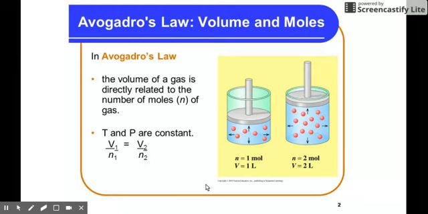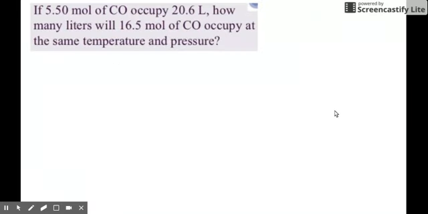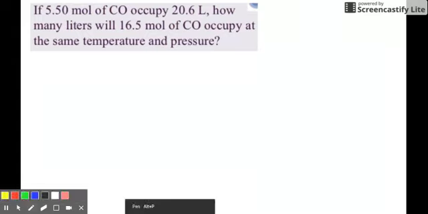Let's try to proceed to a problem solving on Avogadro's law. If 5.50 moles of carbon monoxide occupy 20.6 liters, how many liters will 16.5 moles of carbon monoxide occupy at the same pressure and temperature?